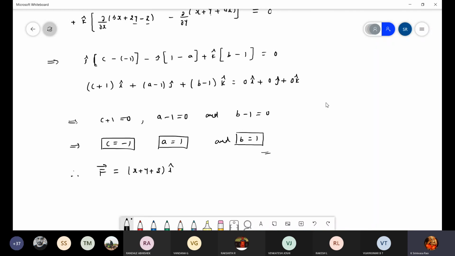Then plus bx, b value is 1, therefore (x + 2y - z) j cap plus x + cy, c is -1, so it becomes (x - y + 2z) k cap. Is it right? Is there any difference in the sign or the number?